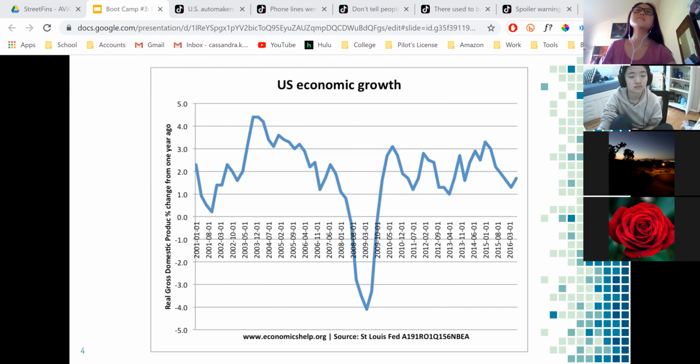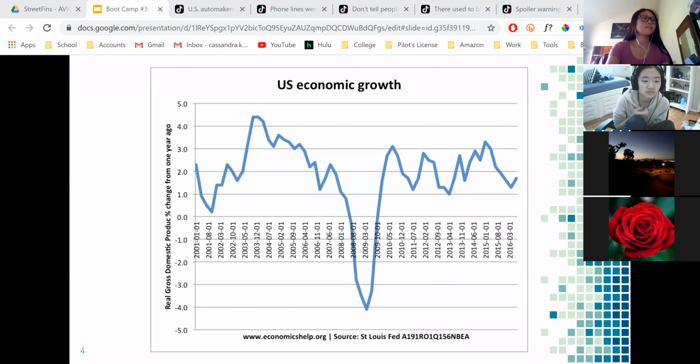But the reason why we no longer use the 2 quarter measurement as a recession is because it's just not an accurate indicator. Despite the drop in economic growth, we didn't actually officially say that it was a recession until over 8 months of there being a recession.